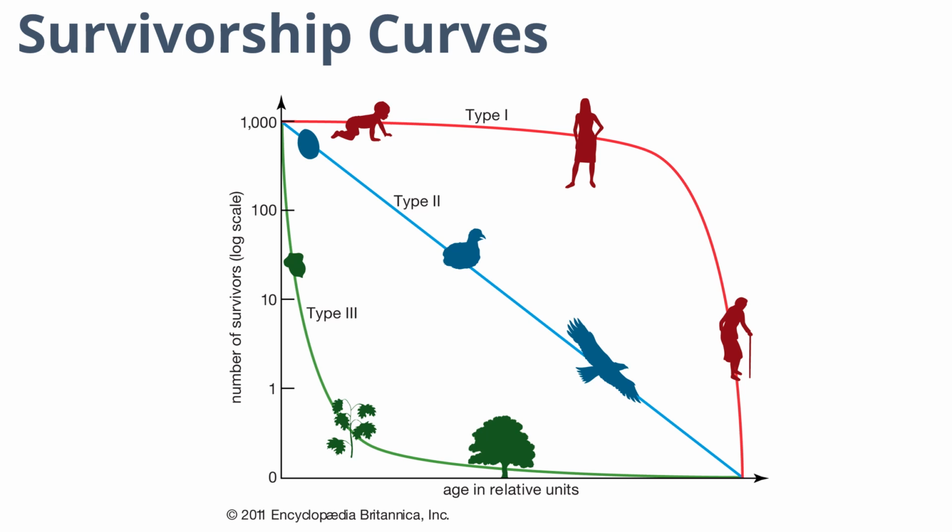Finally, the third type is typical of trees, marine invertebrates, and most fish, which will exhibit this type 3 survivorship curve, because very few of these organisms survive the young stage. However, those that do make it to an old age are more likely to survive for a long period of time.